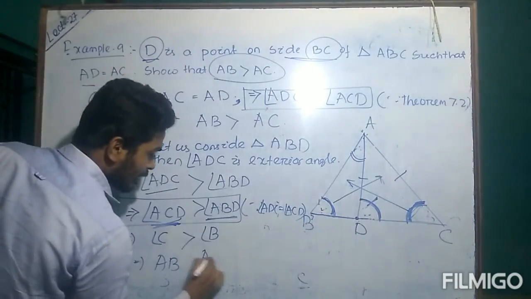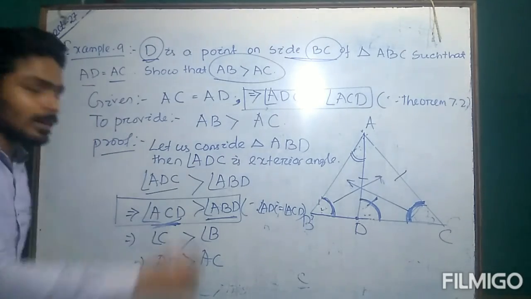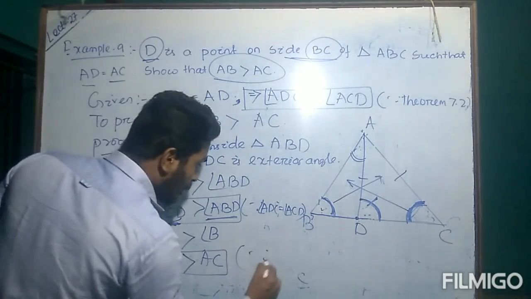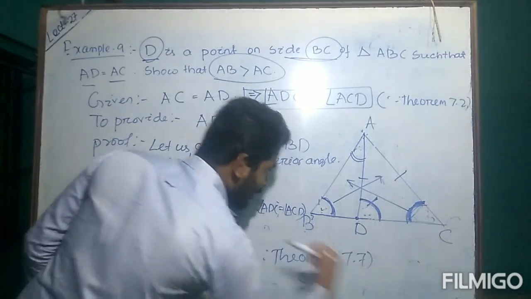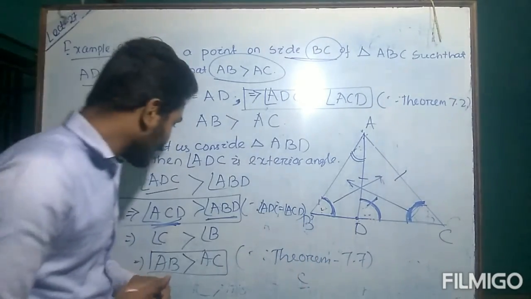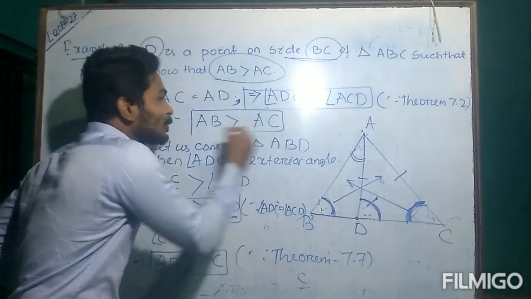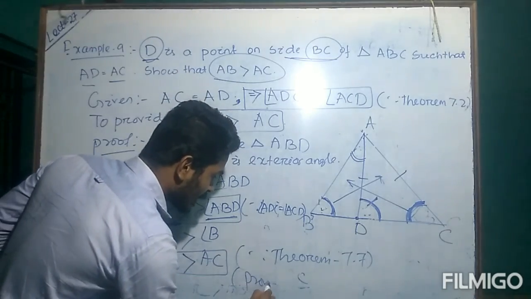AC. Then the opposite side of the larger angle is longer. So finally we have found AB greater than AC by theorem 7.7. Do you understand this? So finally we have got AB is greater than AC, then we need to prove, and here we have proved it. Okay, so hence it is proved.